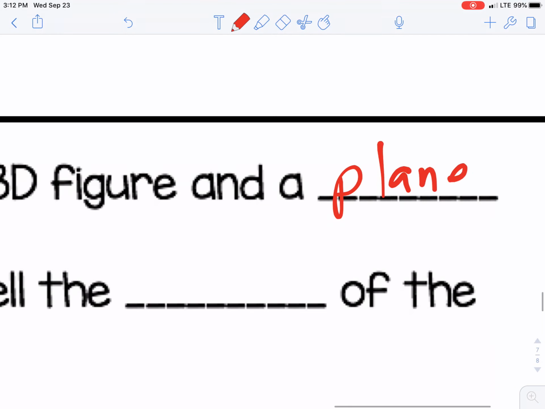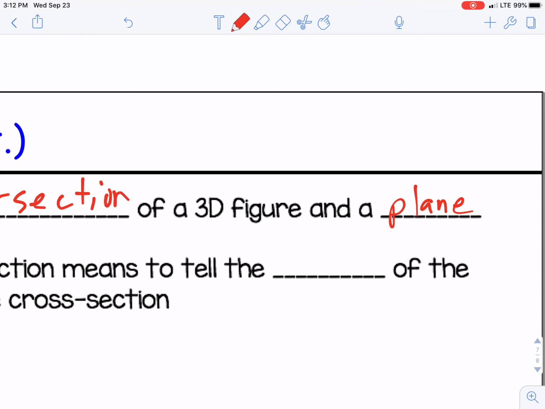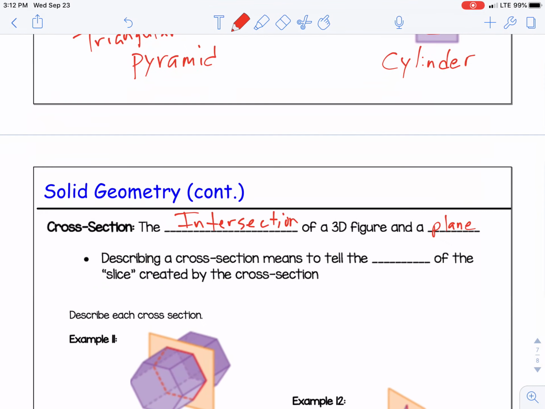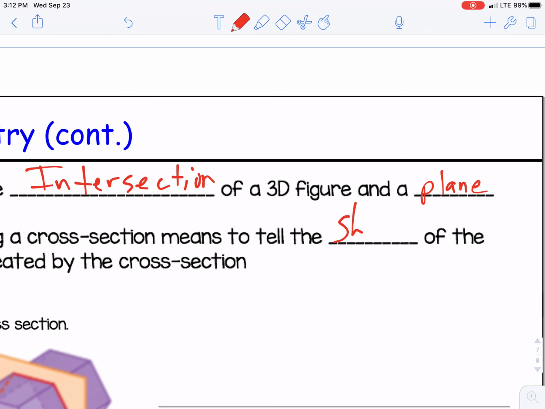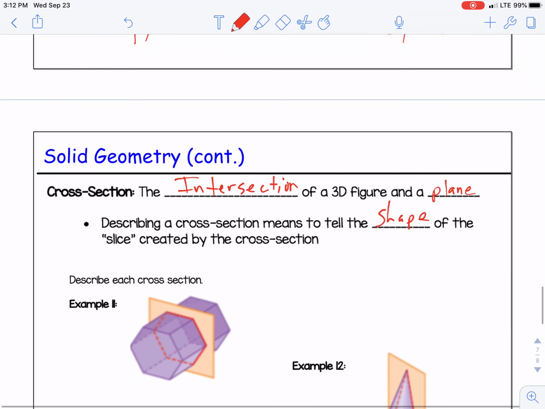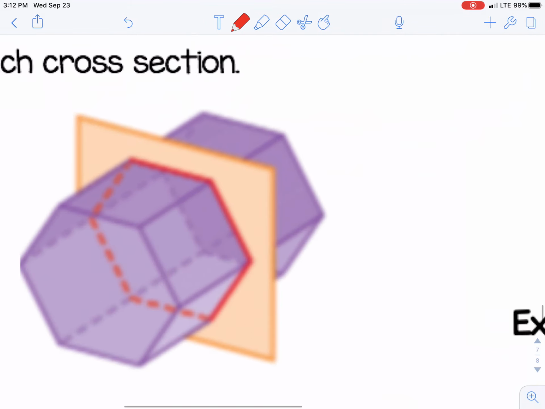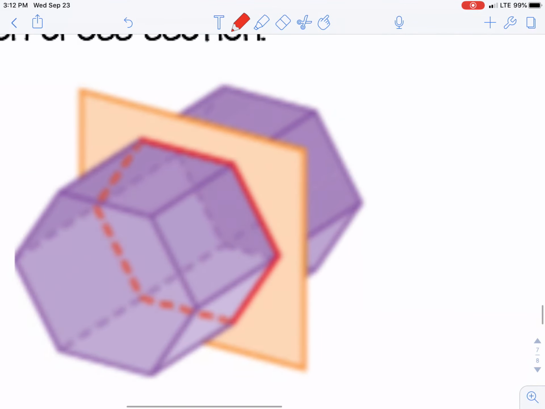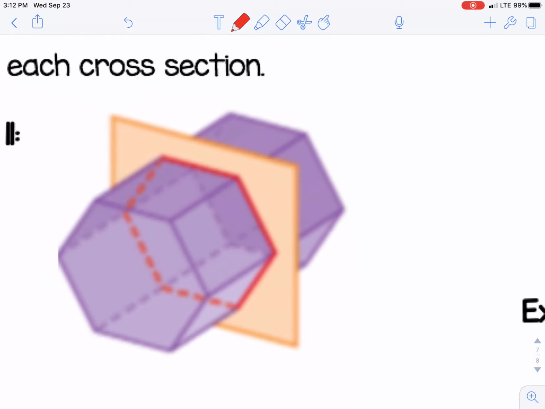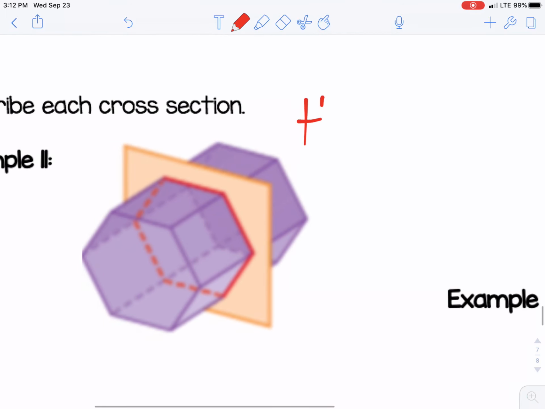I like to think of the plane as the knife that's cutting something in half, okay? Describing a cross section means to tell the shape of the slice that it creates, all right? So right here we have a hexagonal prism, okay?